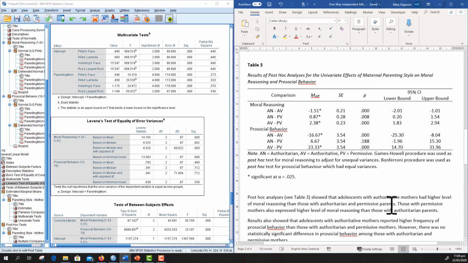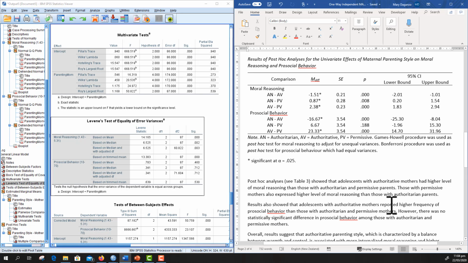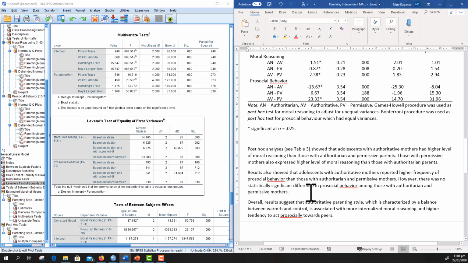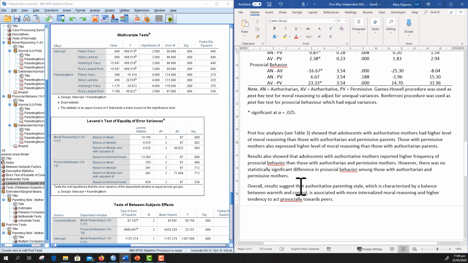You just need to report the interpretation. Okay. And then overall, results suggest that authoritative parenting style, which is characterized by a balance between warmth and control, is associated with more internalized moral reasoning and a higher tendency to act prosocially towards peers.